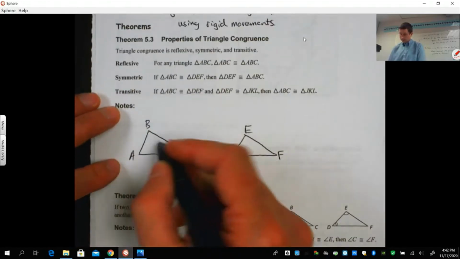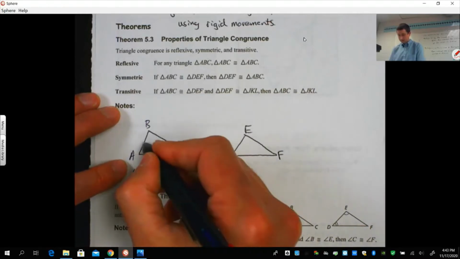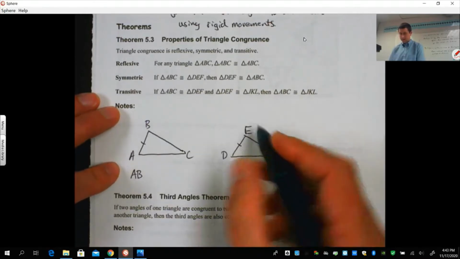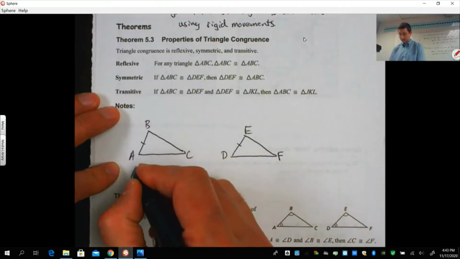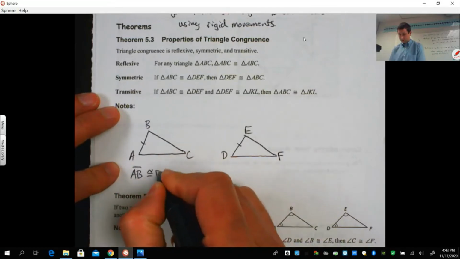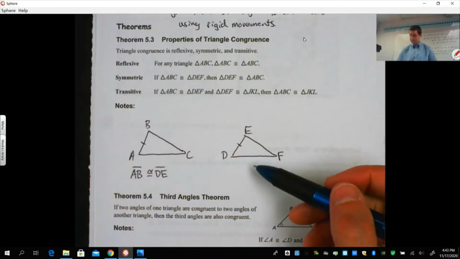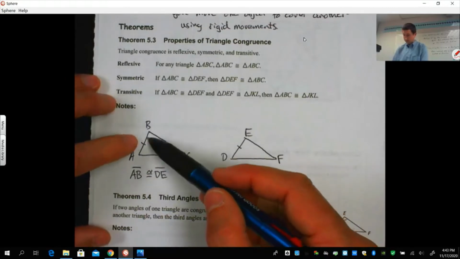So that means side AB corresponds to side DE. They are the same length, the same size. So I'd say AB is congruent to DE. That's a list of corresponding parts. So that's one side.